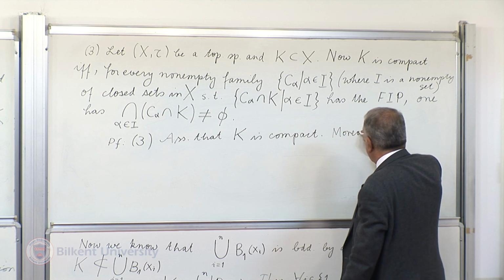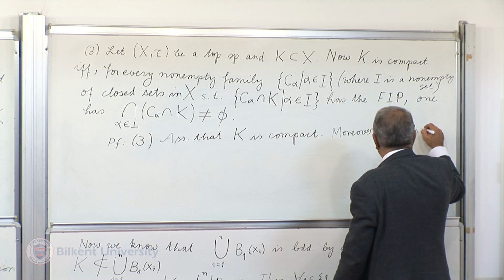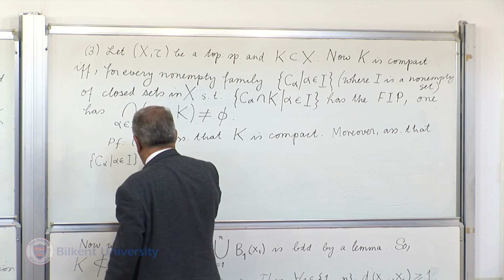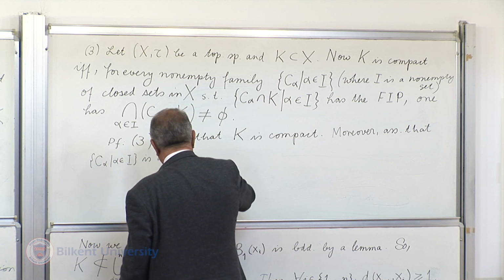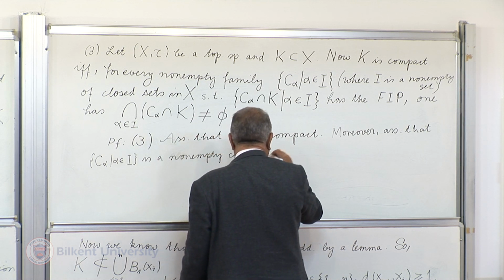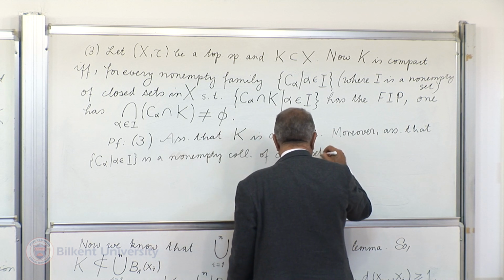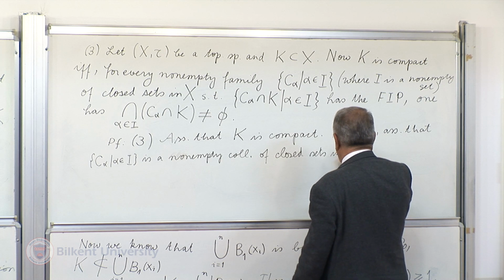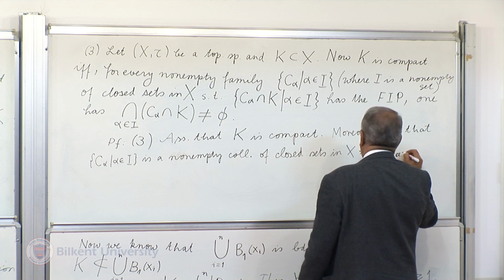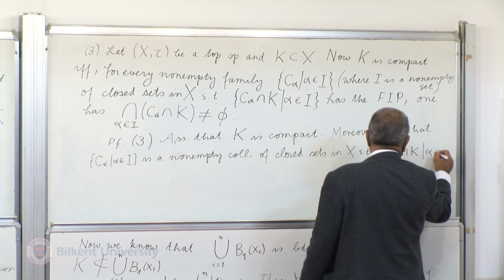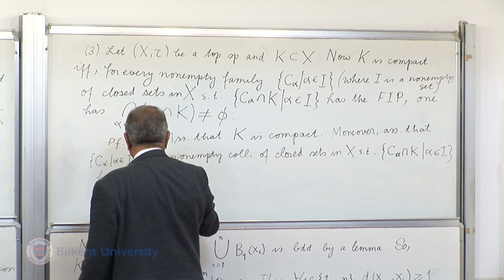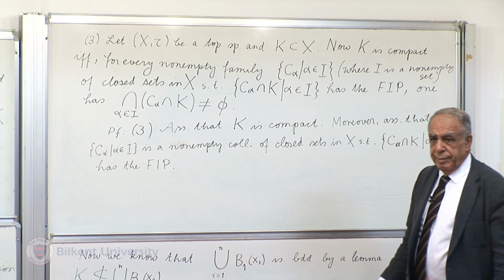Moreover, assume that C alpha, alpha in I, is a non-empty collection of closed sets in X such that C alpha intersection K, alpha in I, has the finite intersection property.